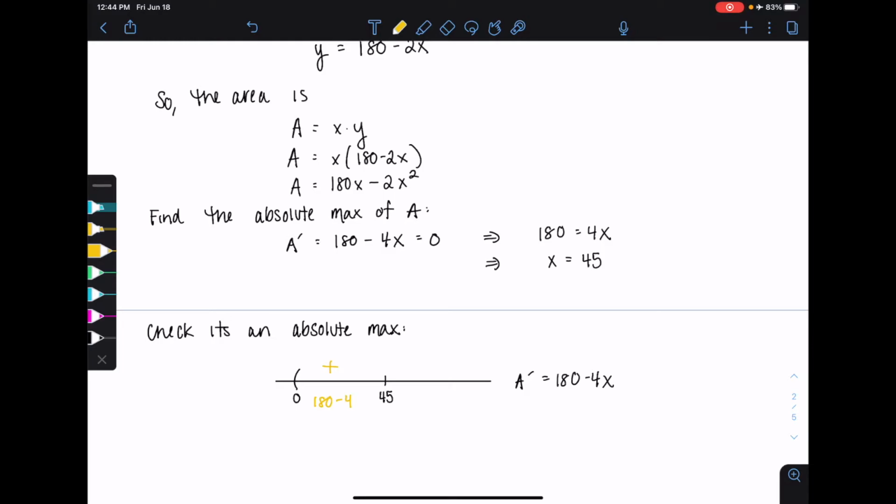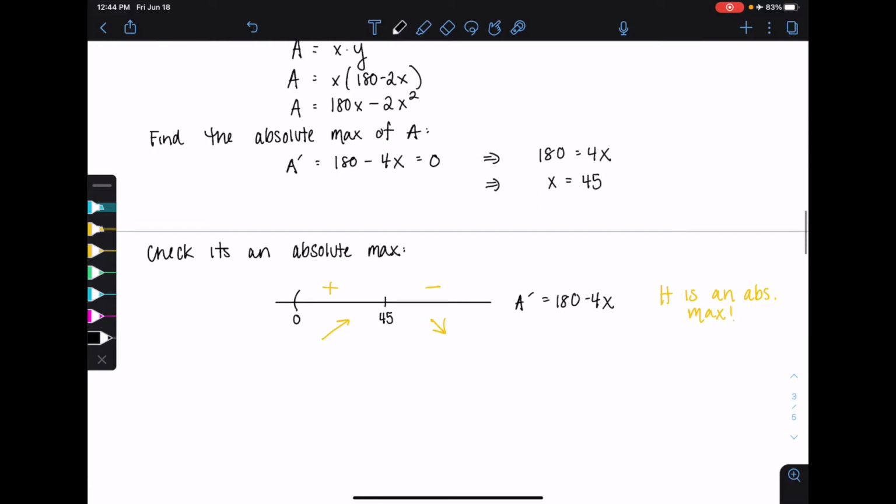If I plug in like 50, that would be 180 minus 200, so the derivative will be negative on this side. So we are increasing up to that point, decreasing afterwards. So indeed, it is an absolute max.